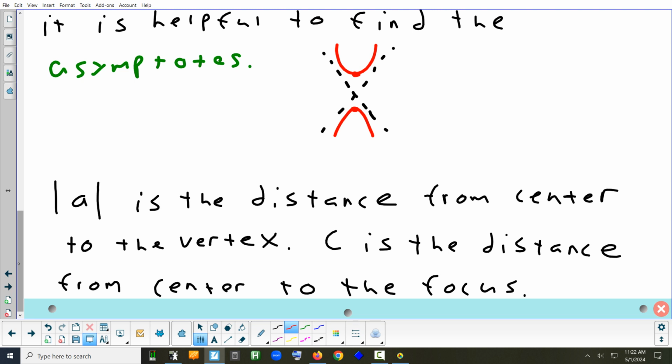Also, in the book, they put absolute value around the A because it is a distance. It always has to be positive. But it's never going to come out negative in any problem that we do, so I'm not sure we need the absolute value. I can't think of a case where it would come out negative.